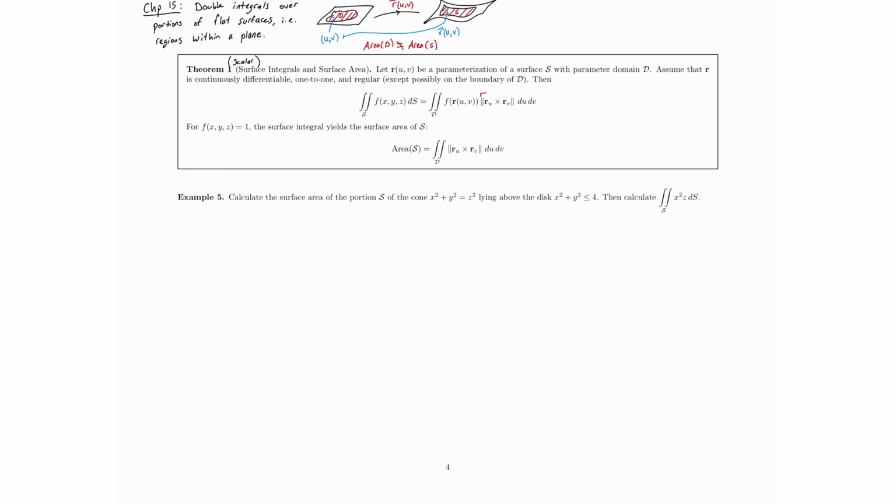So this is called the Jacobian, but we can very informally think of it as the area distortion factor. So if it's bigger than 1, then the areas are going to stretch. If you have a smaller area in the flat space, when it goes to the curved space, it's going to get bigger.